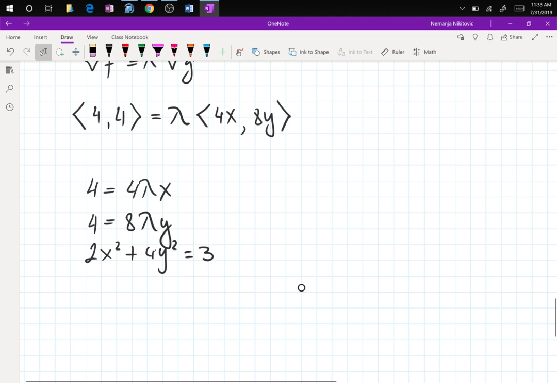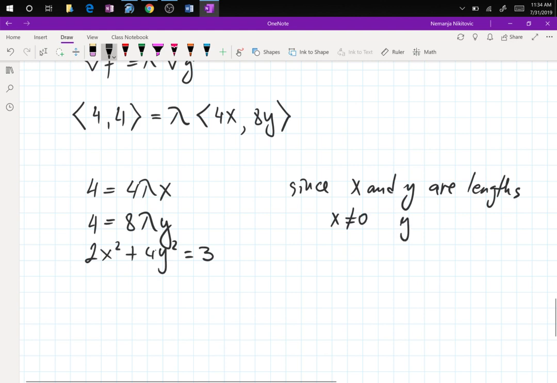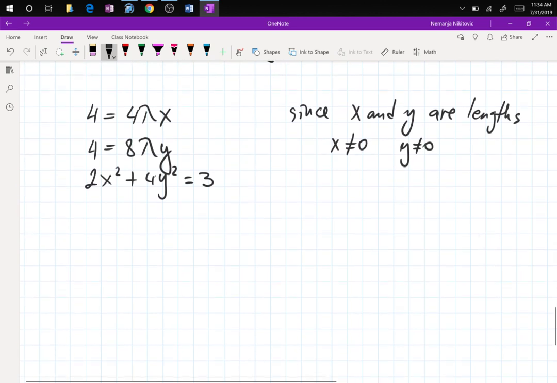Now these equations are great because first of all, we know for a fact that x and y are not allowed to be zero, because those are lengths of the rectangle, and if either one of those is 0, the whole problem doesn't exist. So, since x and y are lengths, x cannot be 0, y cannot be 0, so we can divide whatever we want by x and y, which is great.